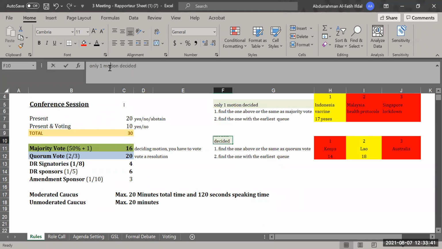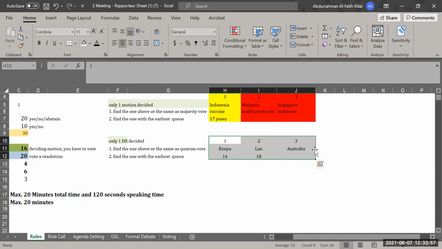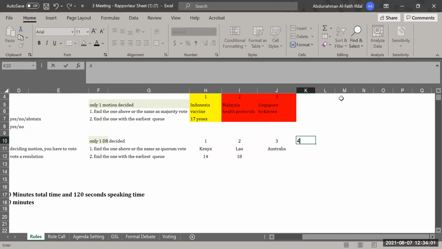In this case, again, the same rules apply. Only one DR decided. So we only have one DR to be decided, but maybe we have more than one DR. I'm going to use another simulation question for all of you guys. So I hope you guys are not bored with the simulation, but I'll say this one is more challenging. So there are 4 DRs.